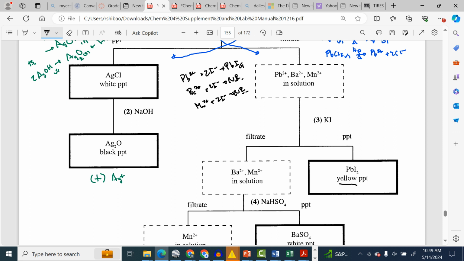You're adding drops, and you can't tell whether it's getting cloudier because it's so cloudy already. Sometimes you have to wait for it to settle down. When it settles, the top clears up, like the fog settling down so you can see blue sky. When you can see blue sky, you can add a drop and see if you get more cloud formation. We're looking for cloud formation.